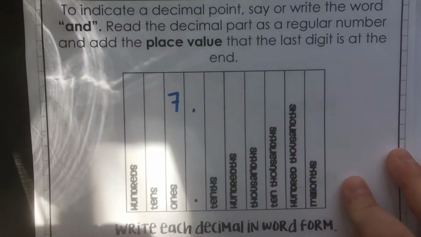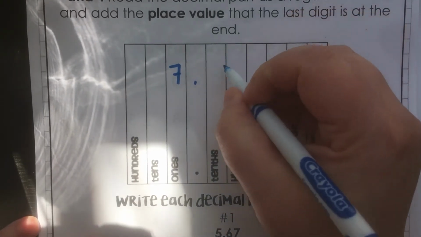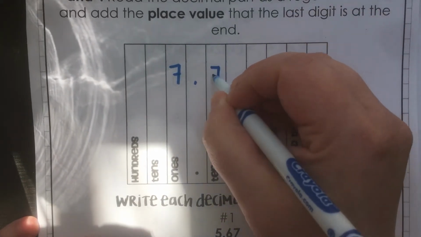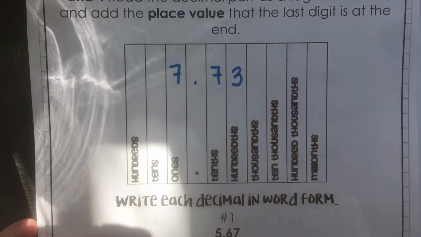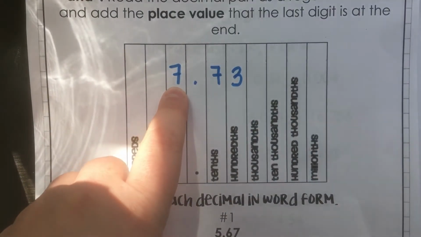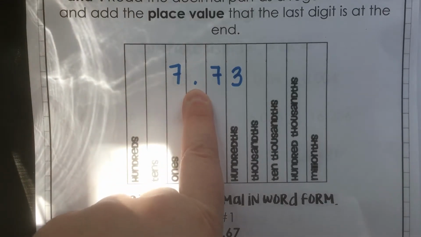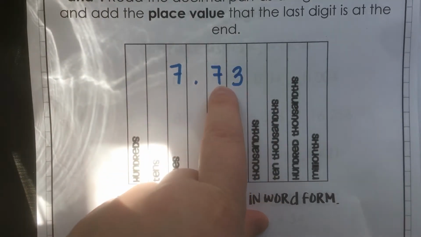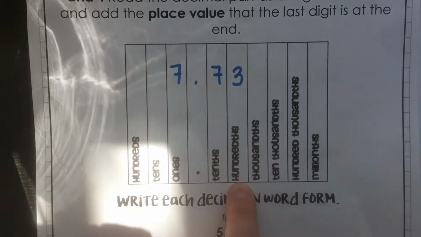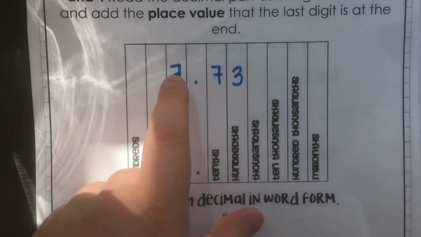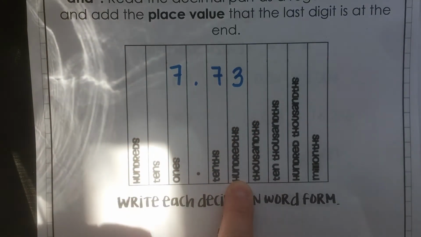So for example, let's say that I had the number 7.73. Can you guys see that? If I was going to read this number, I would say my whole number, 7, and I say this number, 73, and then what's the place value? Hundredths. So this is 7 and 73 hundredths.